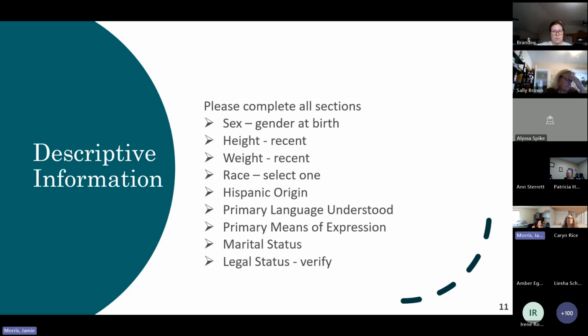The choices in the ICAP are white, black, Oriental, Asian, or Pacific Islander, American Indian or Alaska Native, or other. We are choosing the race that they are most identified with, most usually referenced to for that individual. If you do mark other, there is a line where you need to write down what the other might be.